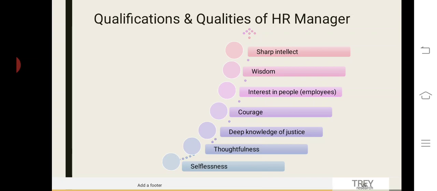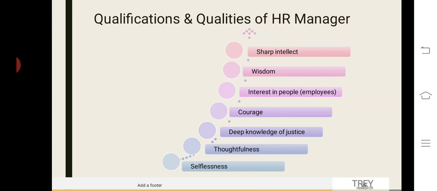So the HR manager has to be a person who has a deep knowledge of justice. Otherwise, nothing is going to work. However many facilities you give to employees, you cannot make them happy if they find that there is injustice in the organization.